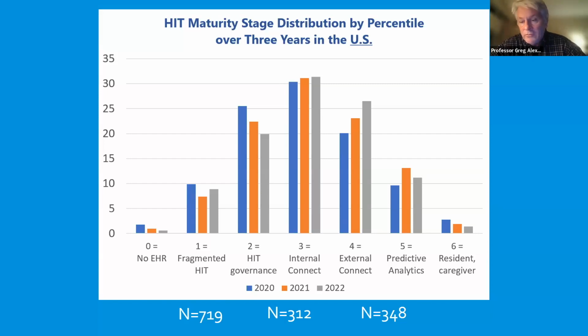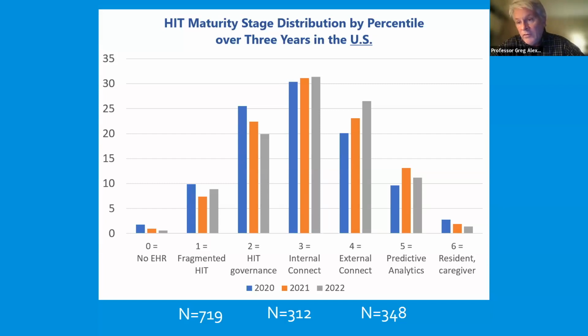But the issue that is concerning is that you see that many more facilities are still at a level 3 or below. In fact, probably 60% of the facilities are still not able to exchange data.